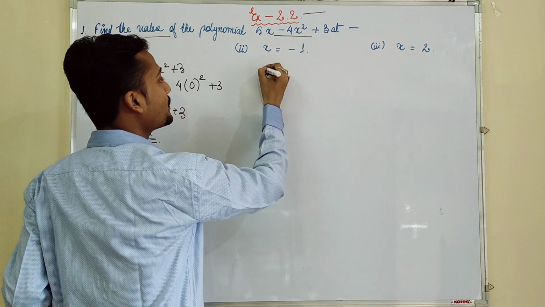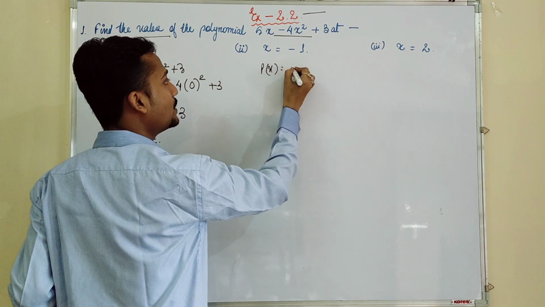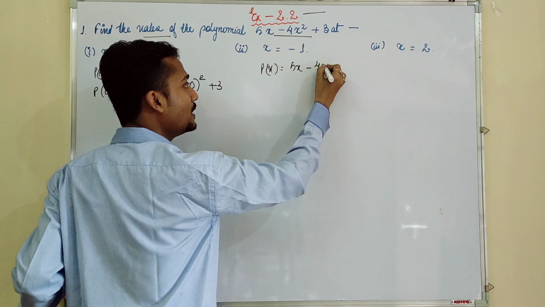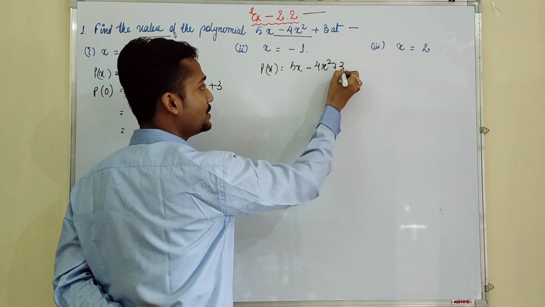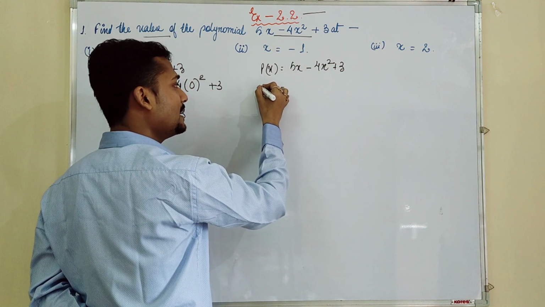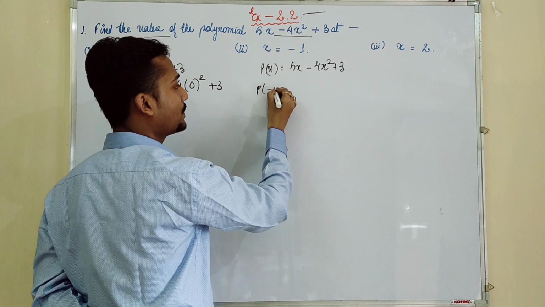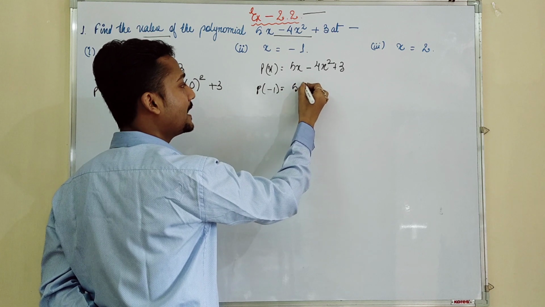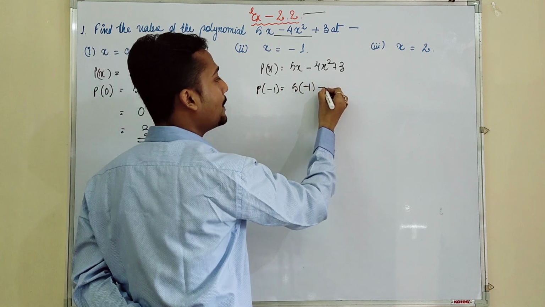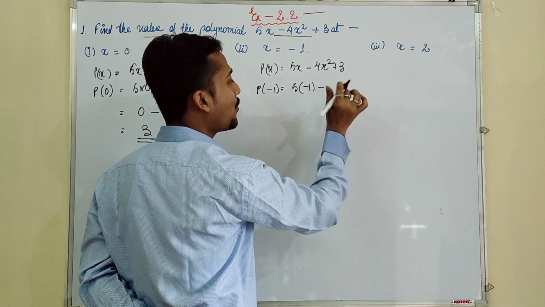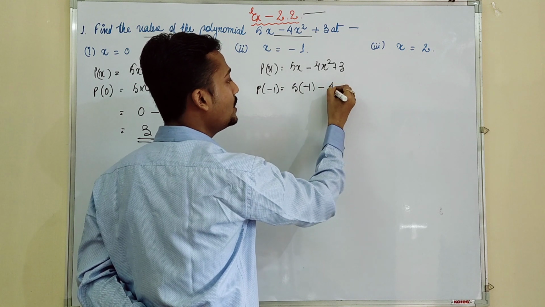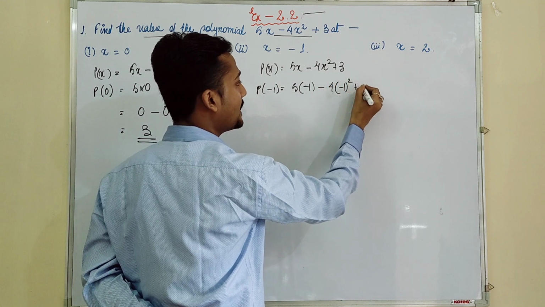Another question, here also take p(x) is equal to 5x minus 4x square plus 3. Okay, so if I take in place of x as -1, how much will you get? 5 into -1 minus 4 into (-1) square plus 3.